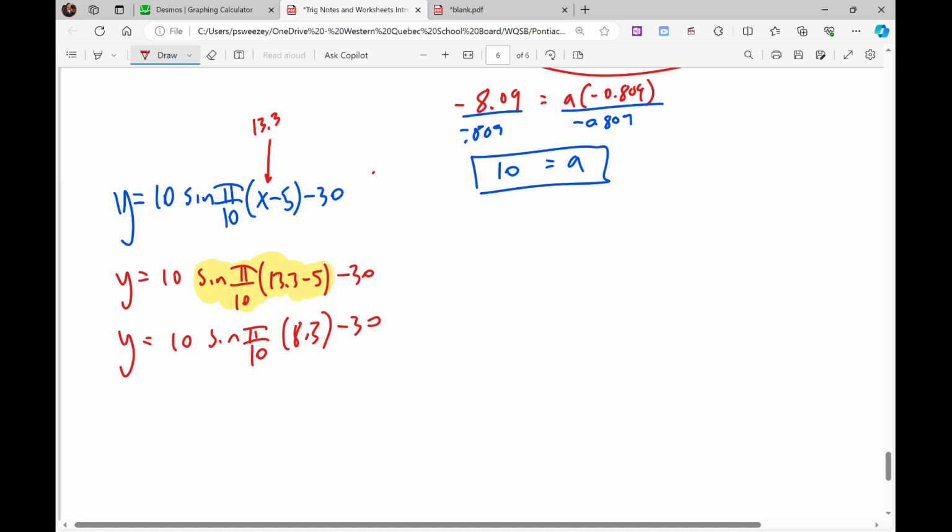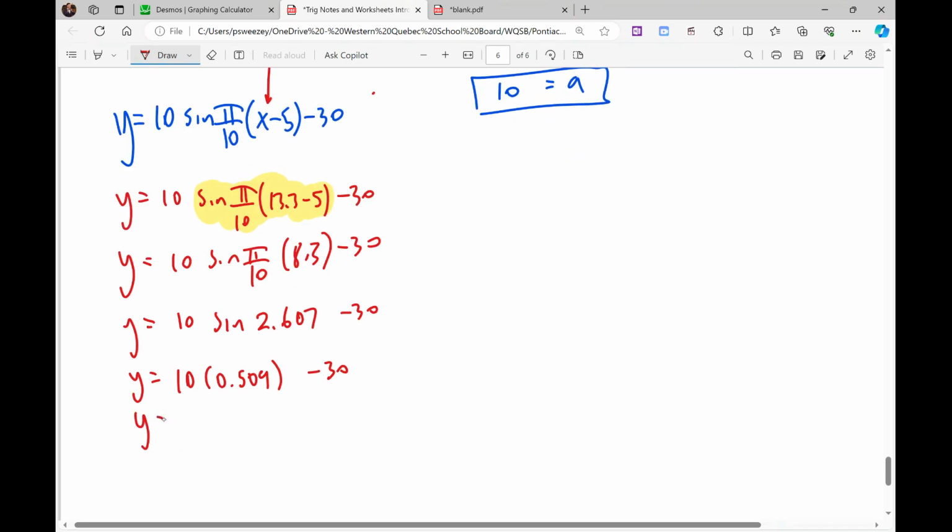I'm going to multiply that 8.3 by pi over 10. That's going to return y is equal to 10 sine of 2.607, minus 30. Now that I have a singular number next to sine, I can write sine of 2.607, and then whatever I get returned in radians there. 10 times 0.509, minus 30.